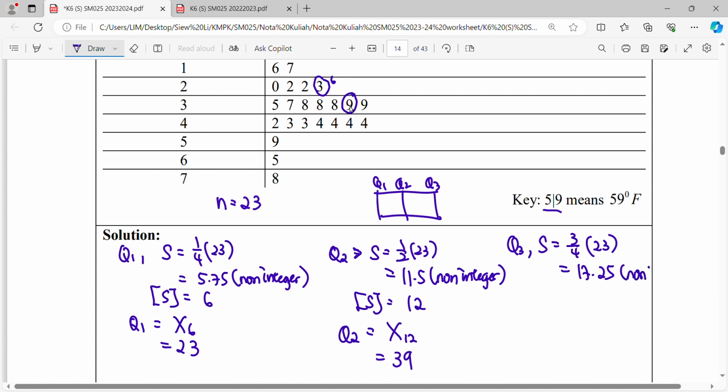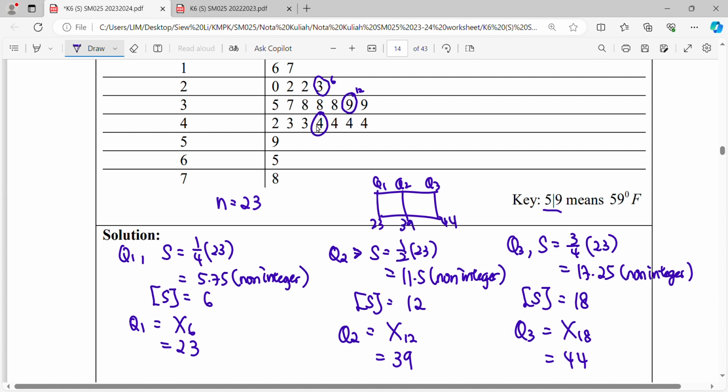Also in the case of non-integers, we take the integer greater than this, which is 18. So Q3 will be the data in position 18. We continue 12, 13, 14, 15, 16, 17, 18 here. So it will be equal to 44. So you know your Q1 is 23, your Q2 is 39, Q3 is 44.